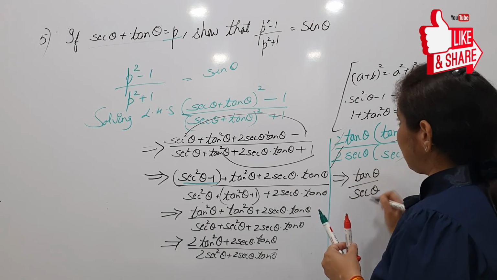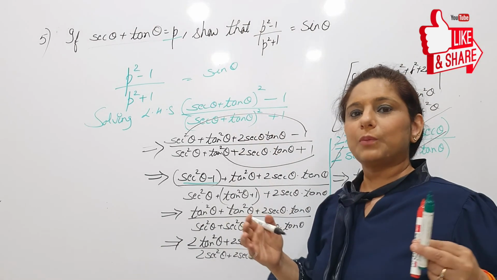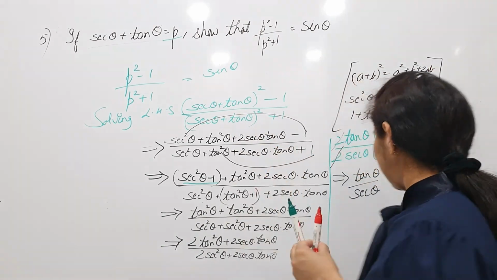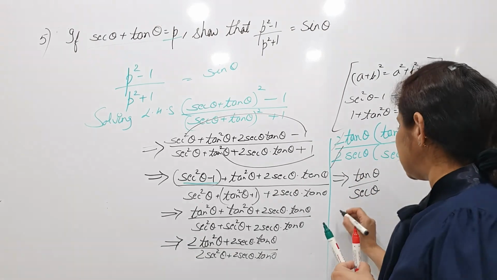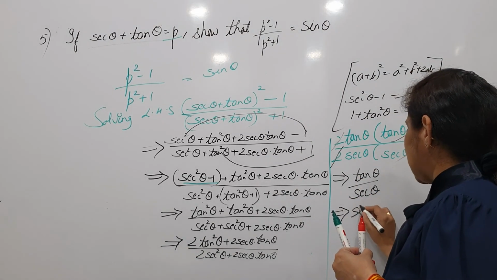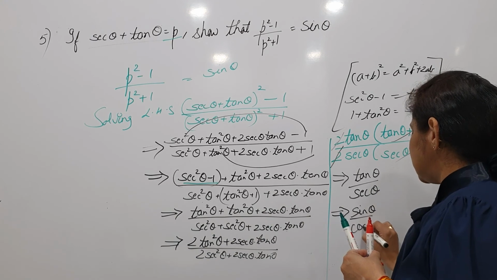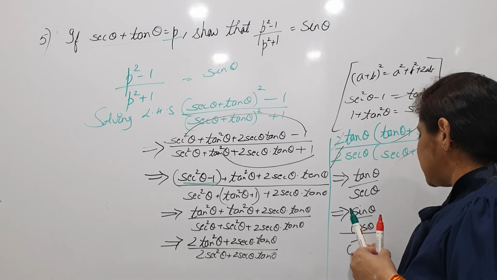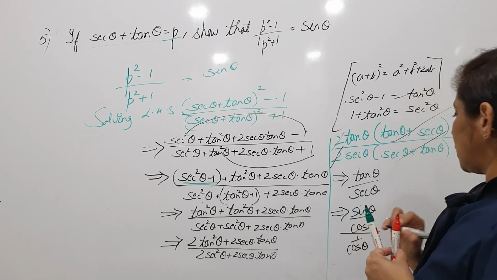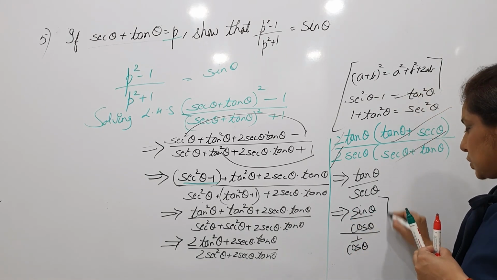आप बोलोगे अरे मैम sin थीटा पे हम कब पहुंचेंगे? बस हम पहुंचने ही वाले हैं. Now as you all know, what is tan theta? Tan theta is sin theta upon cos theta. And what is sec theta? Sec theta is the reciprocal of cos theta. तो अब हम इसको सॉल्व कैसे करेंगे?